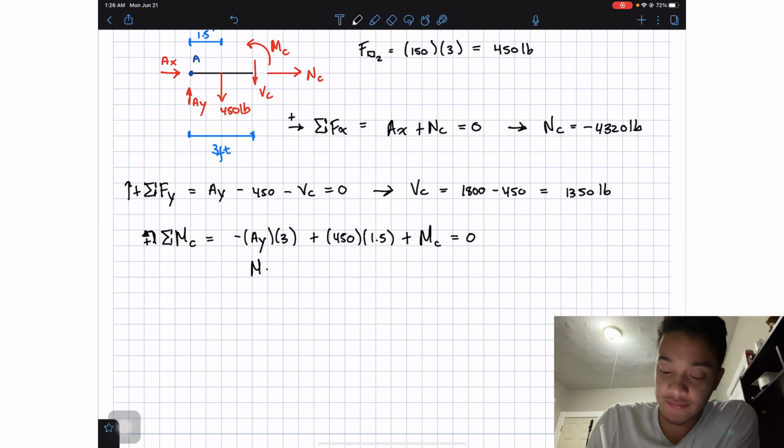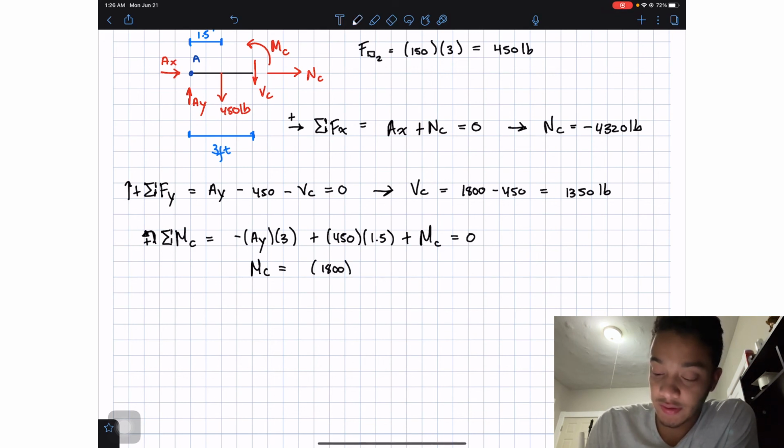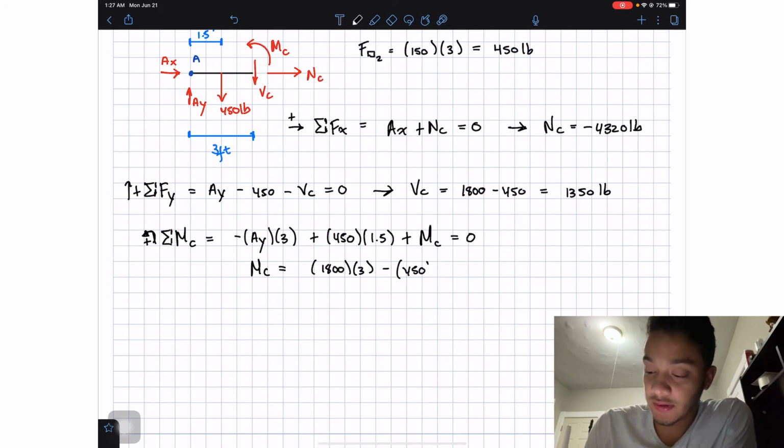Okay, so if we solve for MC, we will have AY, let's put in its numerical value, 1800 multiplied by 3. Since this is going to the other side, this becomes positive, so minus 450 times 1.5.